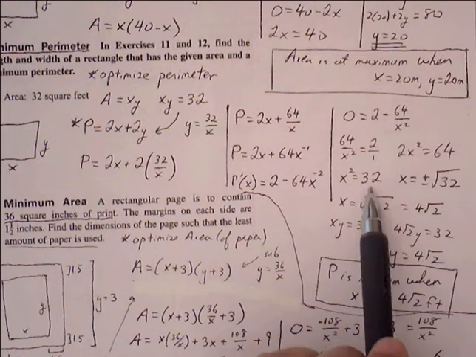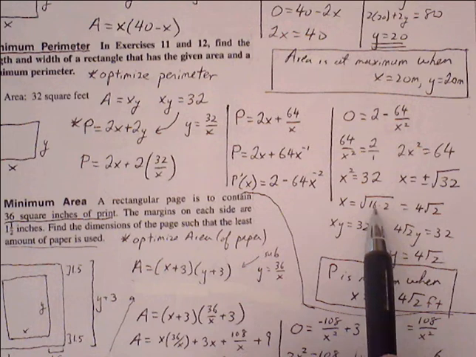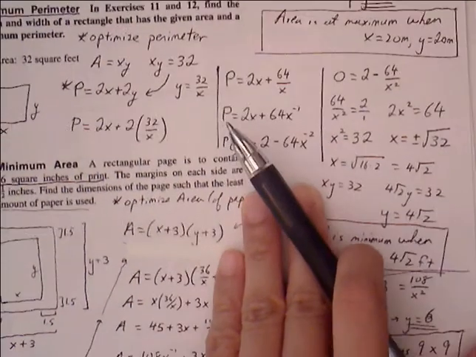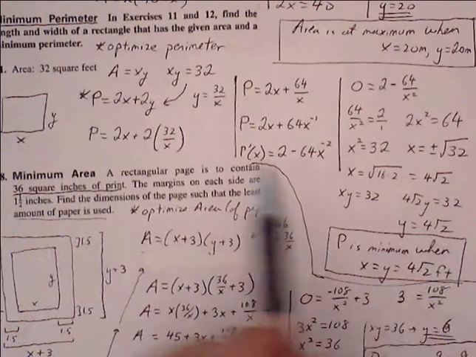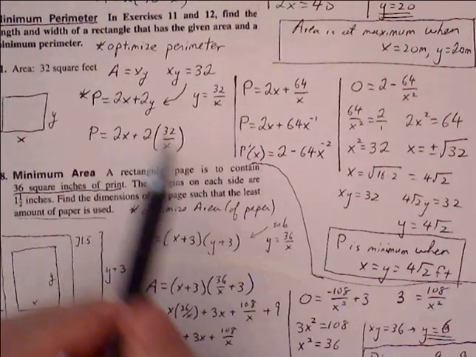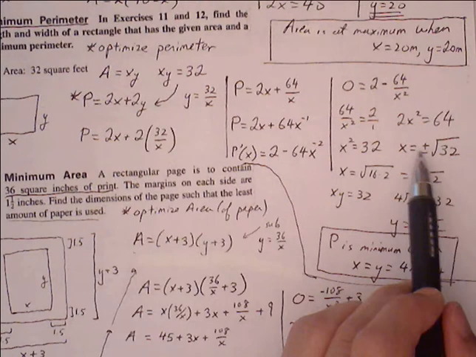I get 2x squared equals 64. x squared equals 32. x equals plus or minus root 32, and I can simplify that to be 4 root 2. We're talking about width and length of a rectangle, so we know that we're only dealing with positive values.